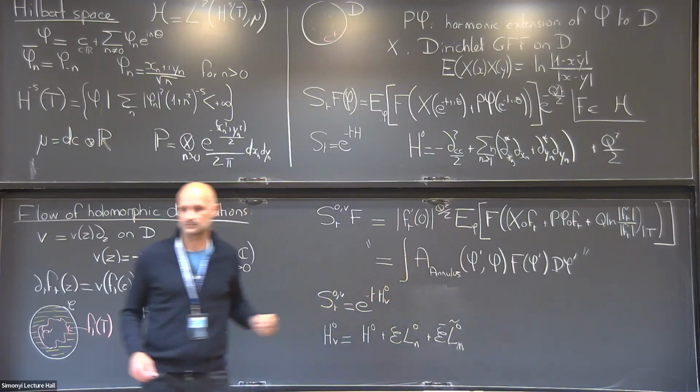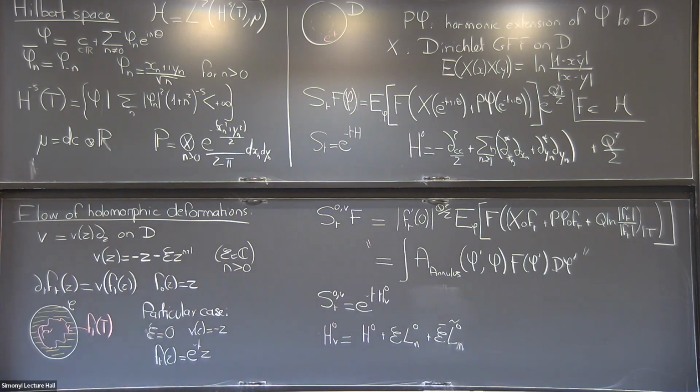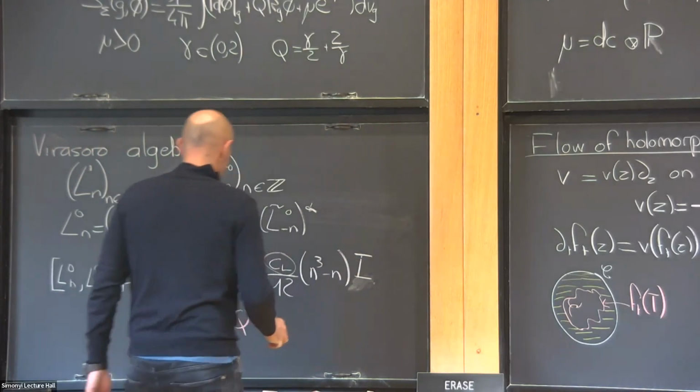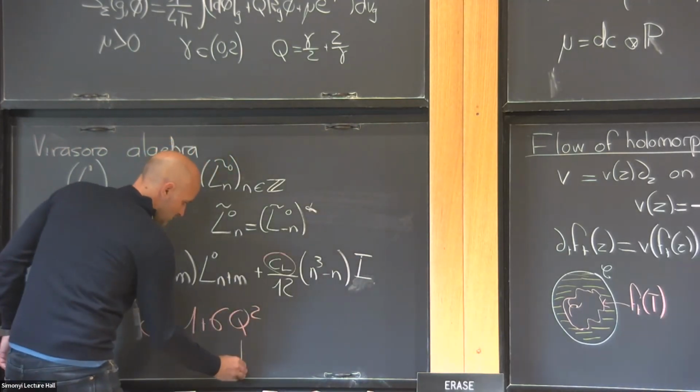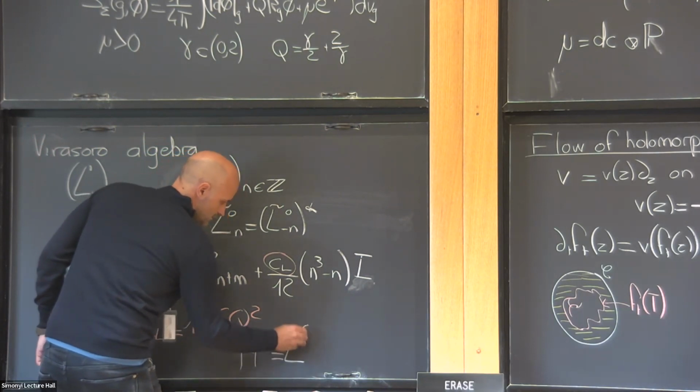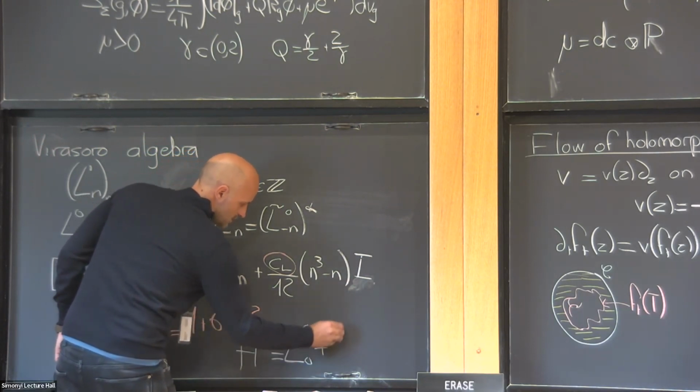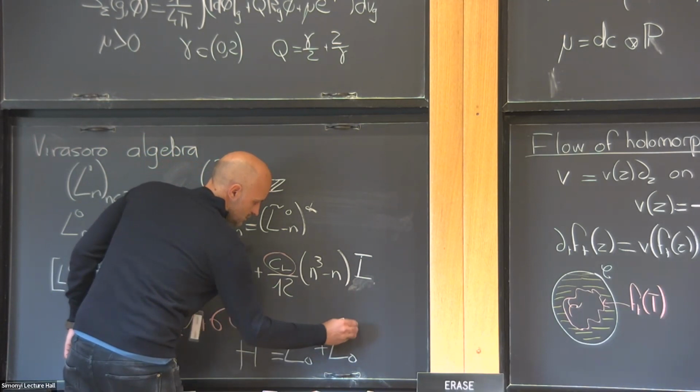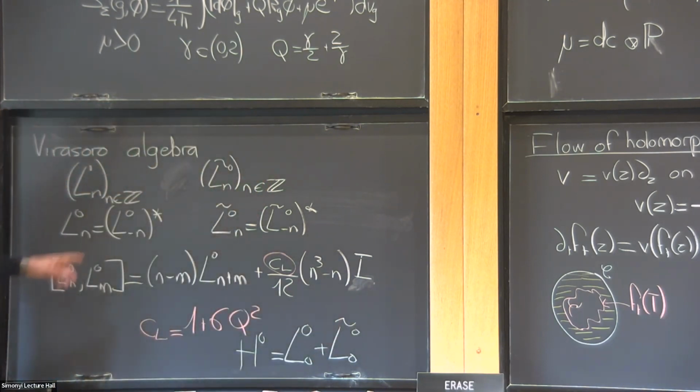This is the way you can see the Virasoro algebra in the probabilistic setup. This is only for the QGFF. And one important thing is that this Hamiltonian H0, you can see it as the sum of L_0 plus L_0 tilde. This is the sum of the guys number 0 here and here.